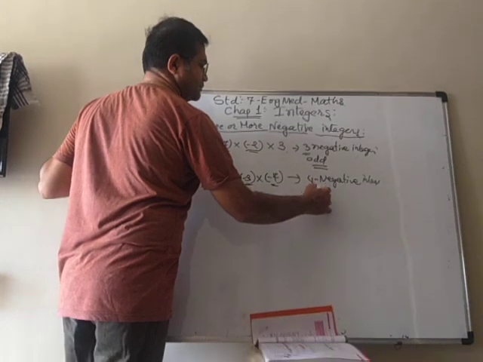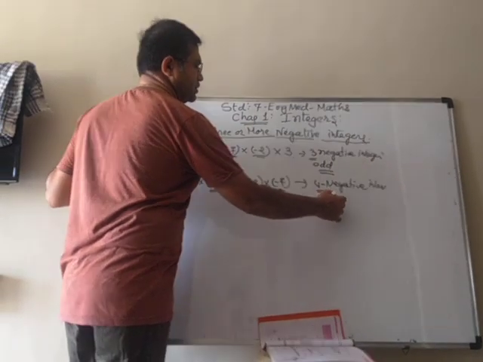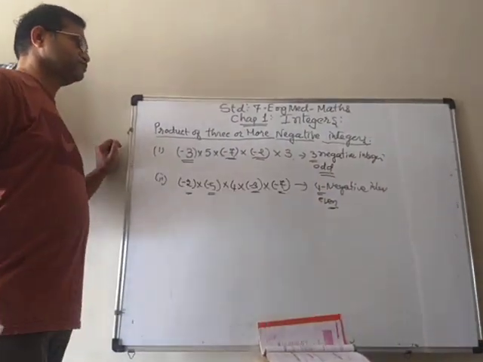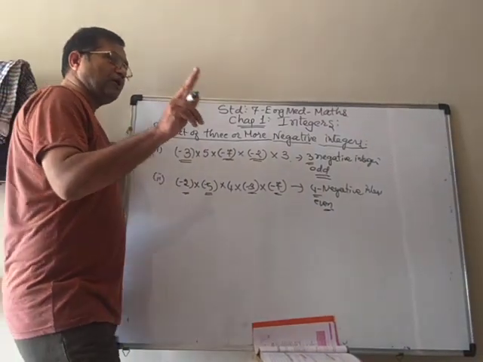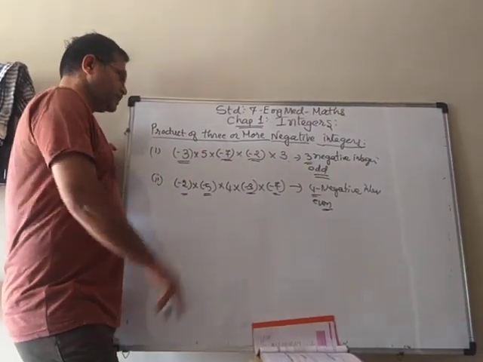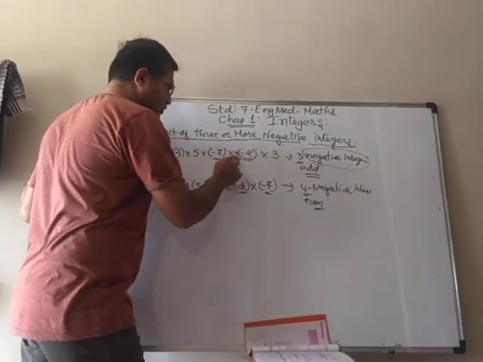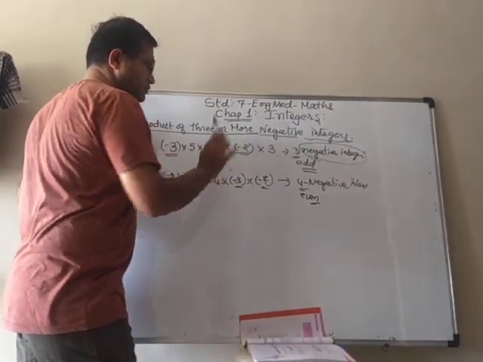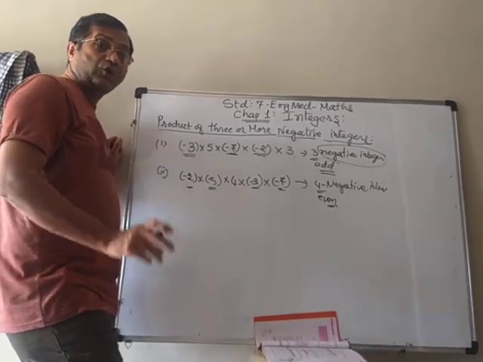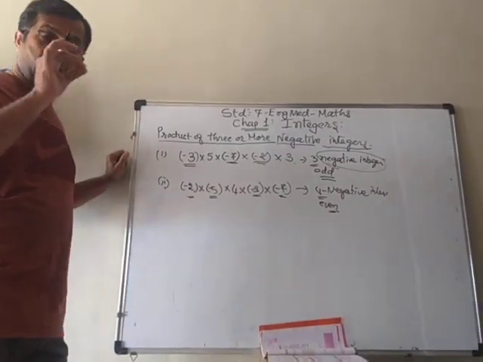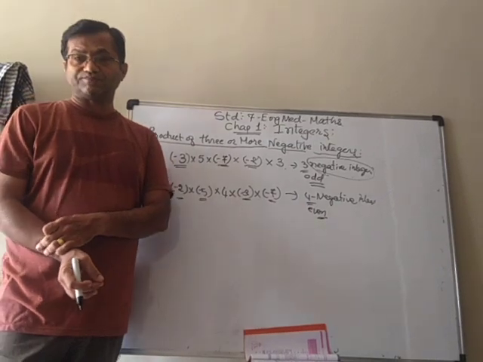Four is an even number. So you just have to remember only those two things. Don't look at the digits; only concentrate on how many negative integers there are.